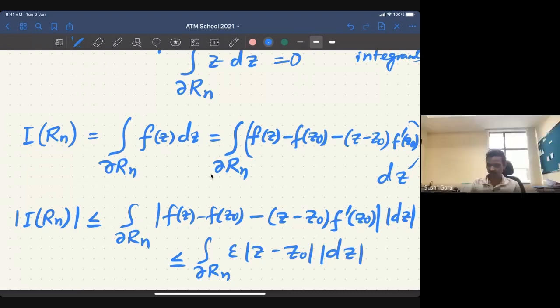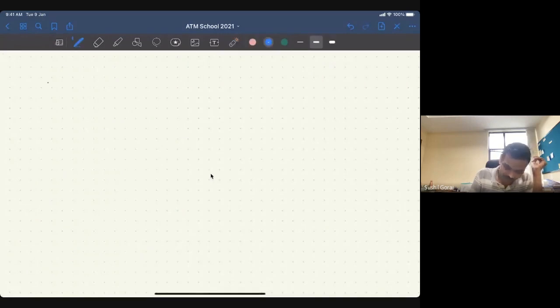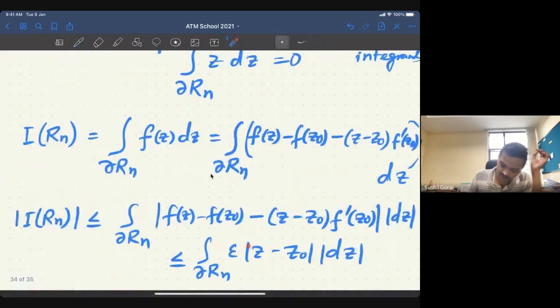Yeah. All right. Now what you need to know is what is this, right? So this is nothing but less or equal to the diameter of the rectangle Rn. So now what we have is |IRn| is less or equal to epsilon, and then |z minus z naught|, this part is dominated by the diameter of Rn.